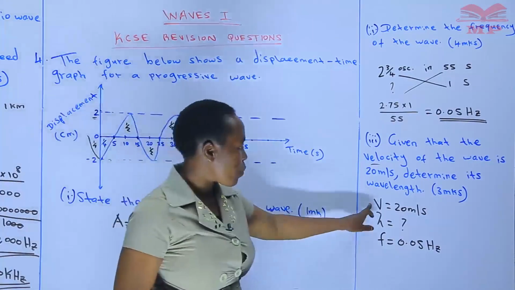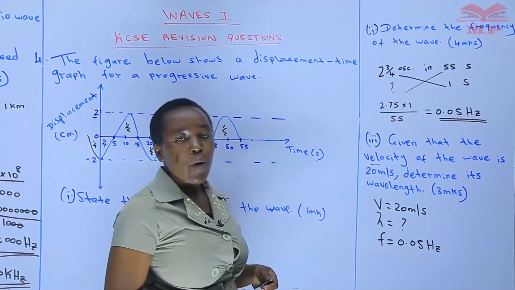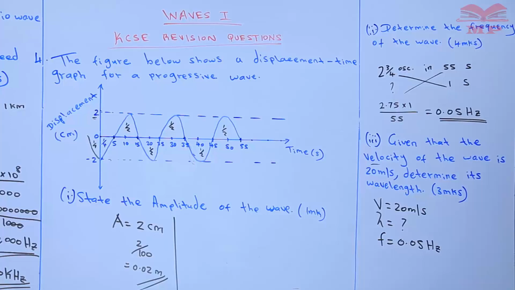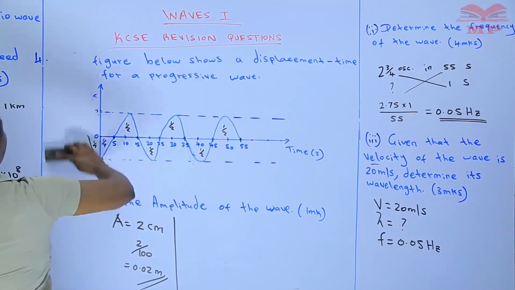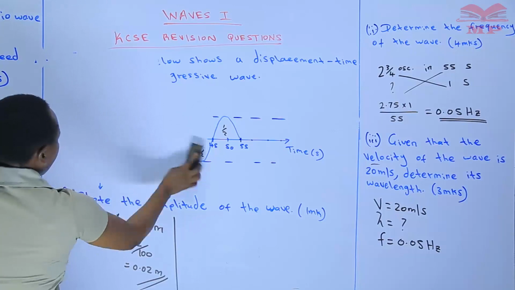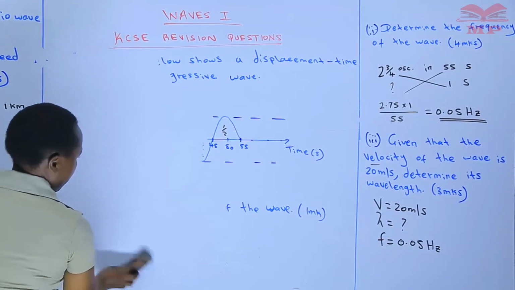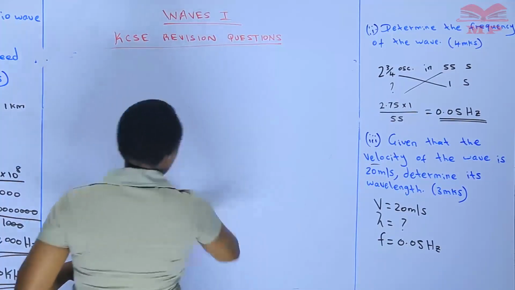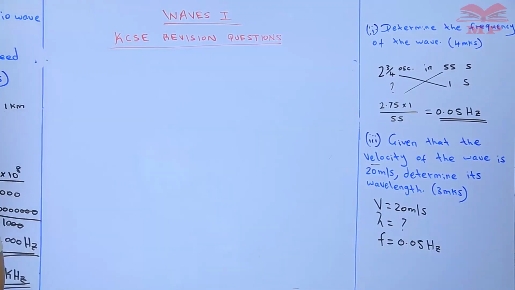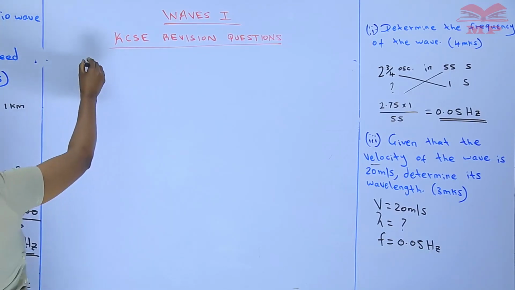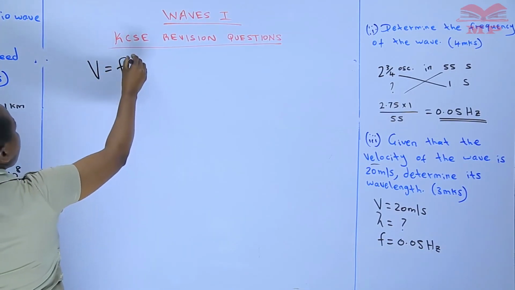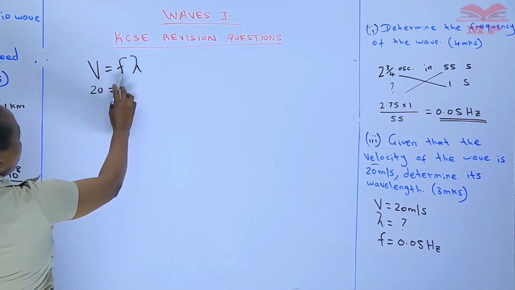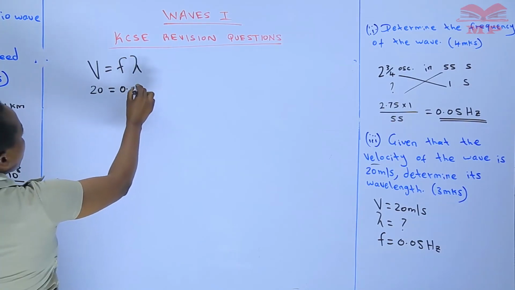And since we have the speed and we have the frequency, we can apply the wave equation to relate frequency and wavelength. So our speed is frequency times wavelength. So speed is 20, our frequency is 0.05.